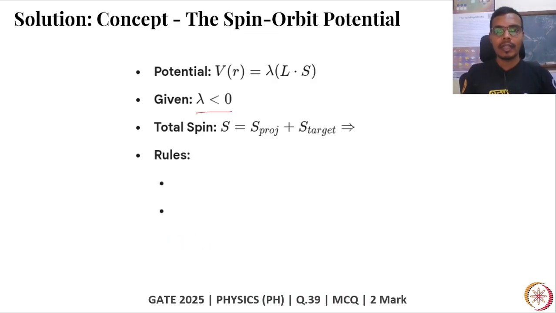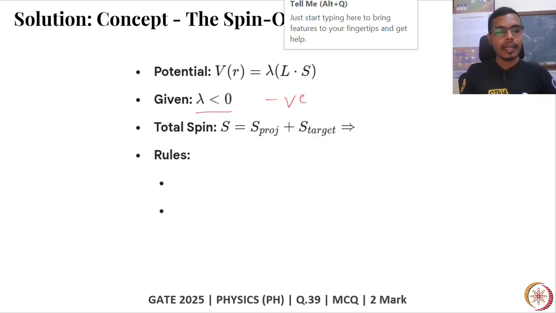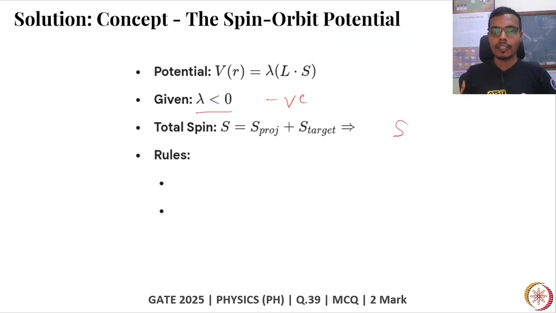And since both the projectile and target are spin up, the total spin vector S points in the positive z direction, that is out of the plane.